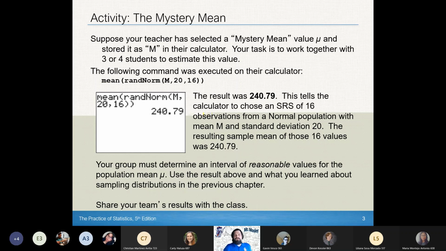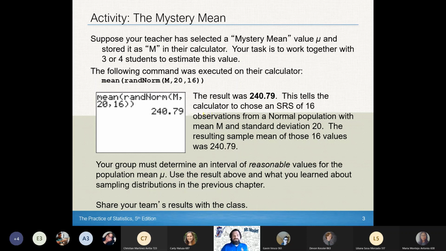The result was 240.79. This tells the calculator to choose an SRS of 16 observations from a normal population with mean m and standard deviation 20. The resulting sample mean of those 16 values was 240.79.